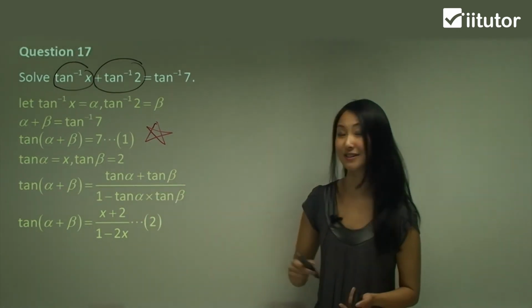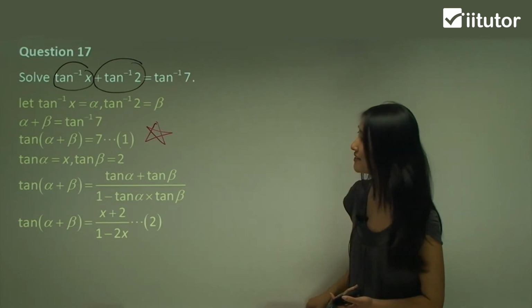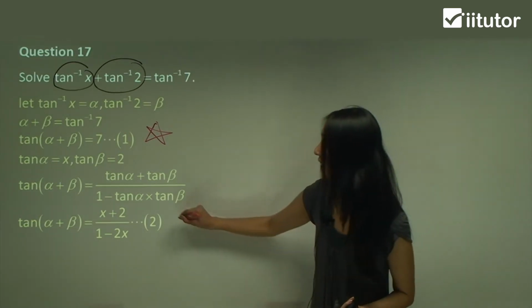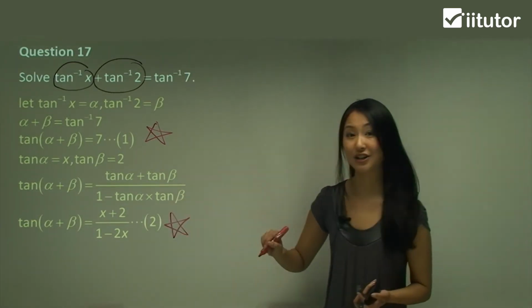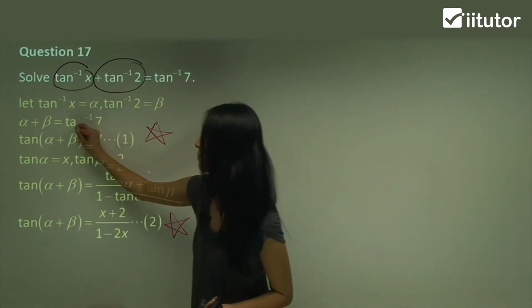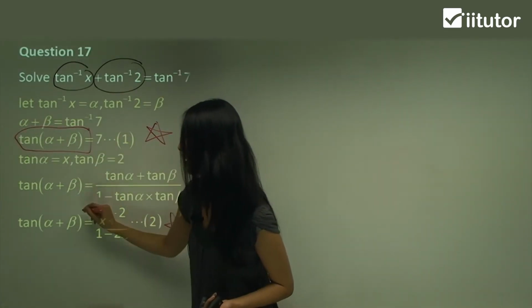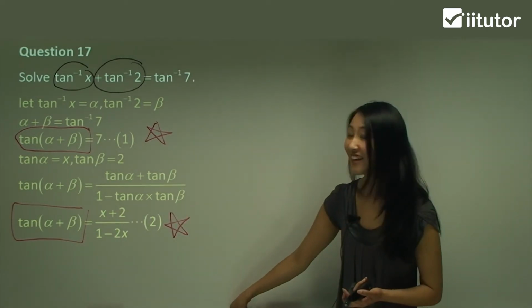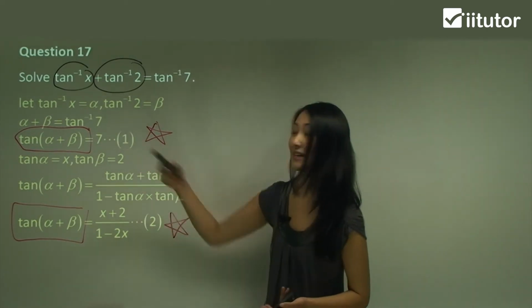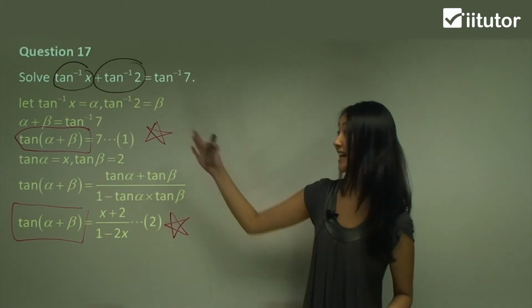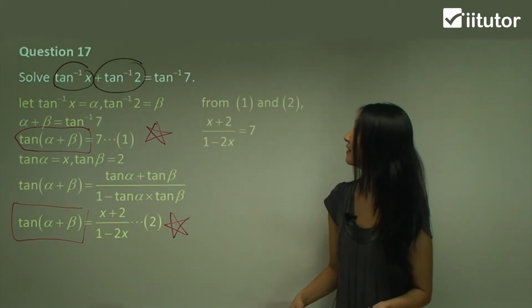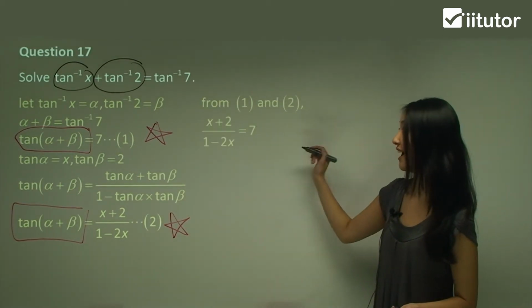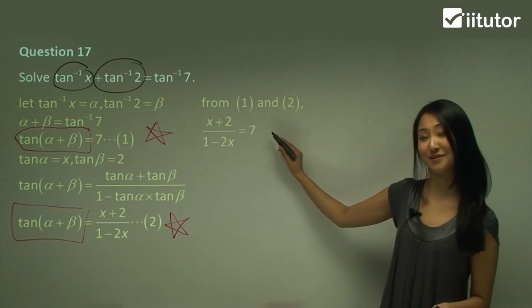So you have 1 minus 2x. Can you see how by doing that, I've made my second equation. And since both of them have tan alpha plus beta, I can therefore say that this must equal that, because they both equal tan alpha plus beta. So from 1 and 2, I know that this fraction equals 7.